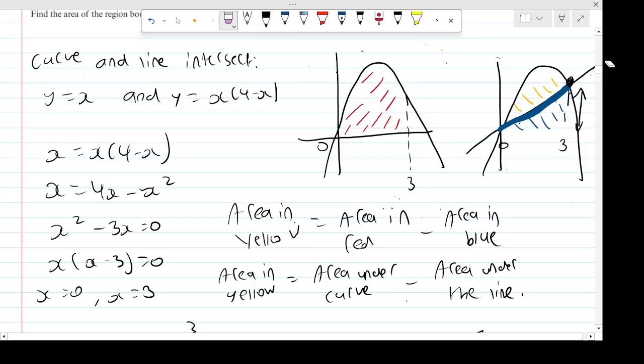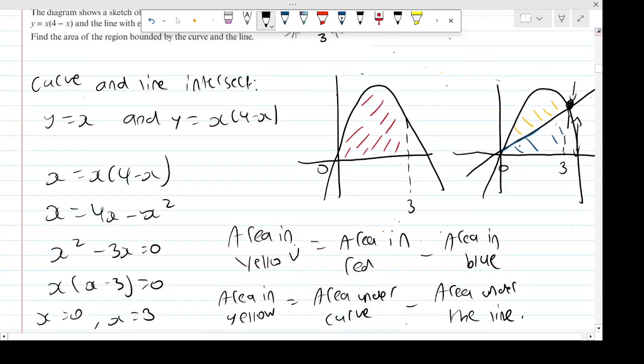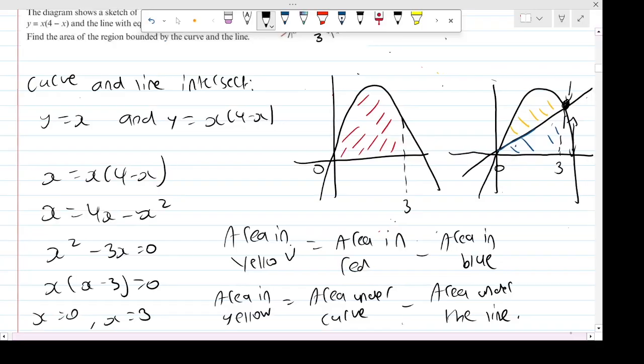Let me draw the axis again. I don't know the height of the triangle, but I need to find that coordinate. I know when x is 3 on the x-axis, but what's the height? How far has it gone up? That point is what we worked out, the intersection point.